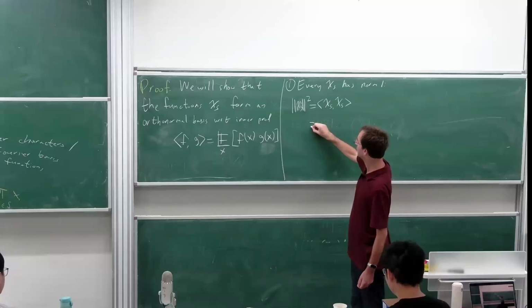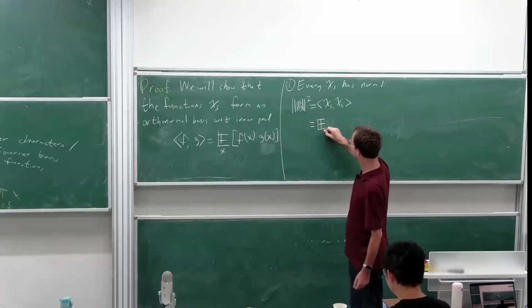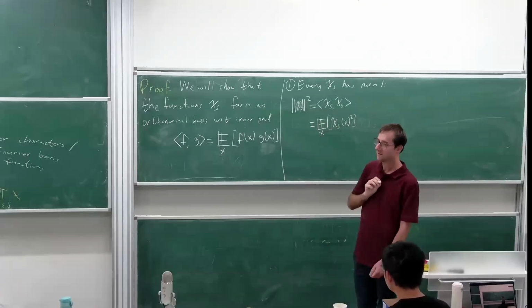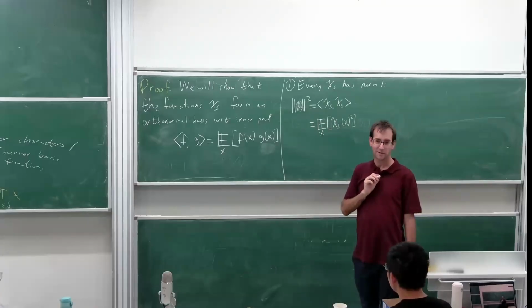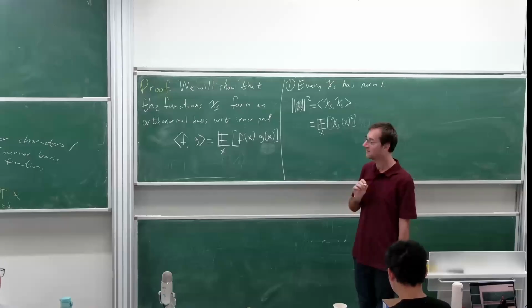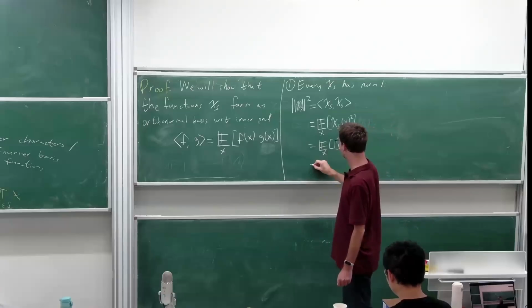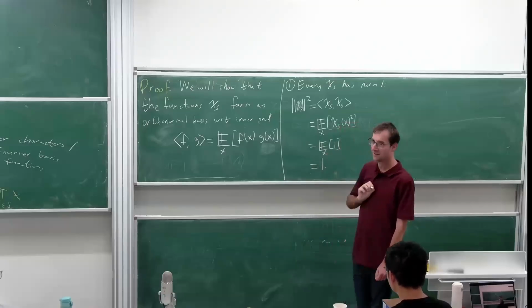By definition, this is the expected value of χ_S(x) squared. But what is χ_S(x) squared? It's not a trick question. It's 1. Okay, so this was easy.